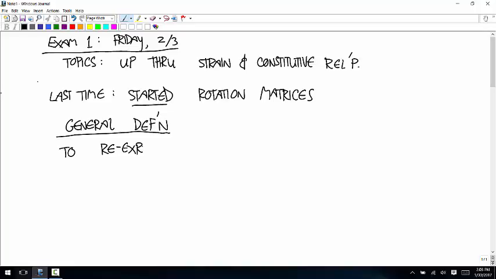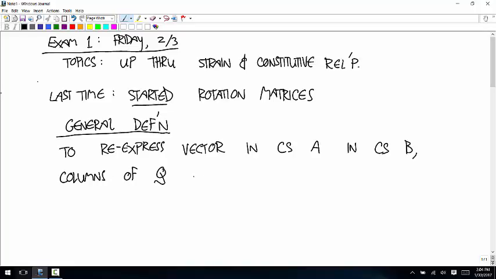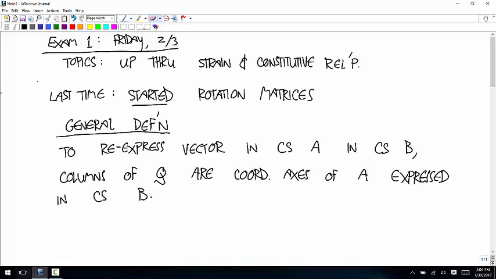To re-express a vector in coordinate system A in coordinate system B, the columns of the rotation matrix are the coordinate axes of A expressed in coordinate system B. That helps me remember it because you're talking about going from A to B, so the columns are A expressed in B.